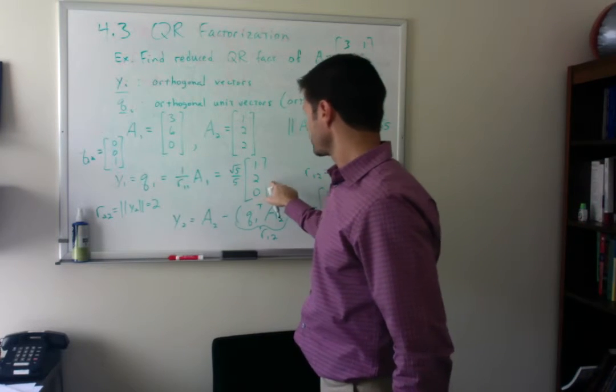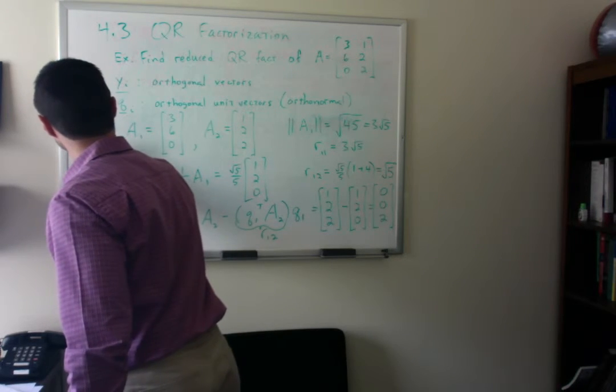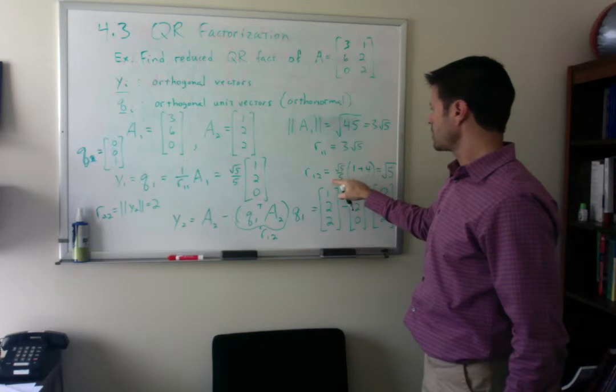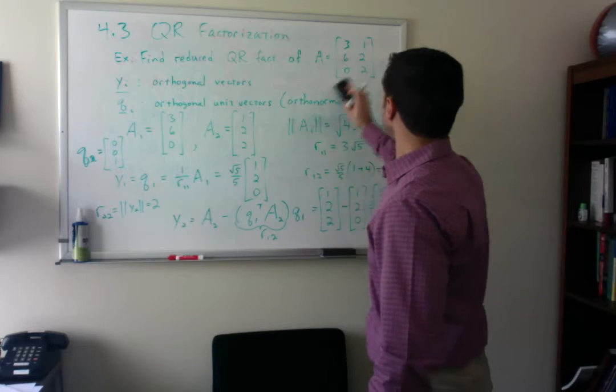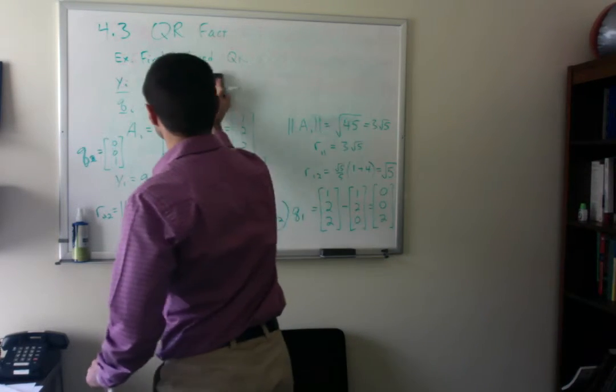So I have q1, which is here, and q2, which is here. And I also have r11, r12, and r22. Now I'm going to put that together to come up with our reduced QR factorization.